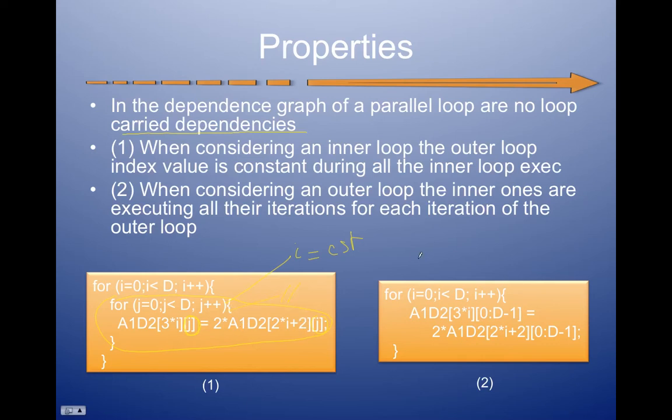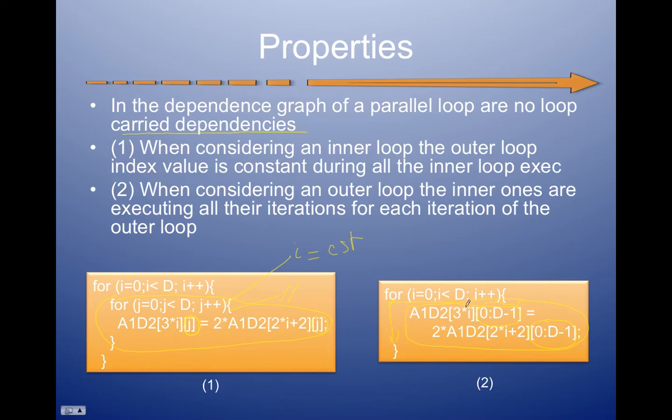Now when I consider an outer loop, this one, then I have to consider that all the data accessed by the inner loop have to be considered in the data dependence computation. So in here, I have to assume that all the data from 0 to d minus 1 are accessed inside one iteration.